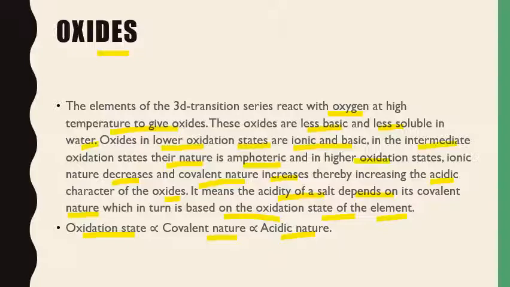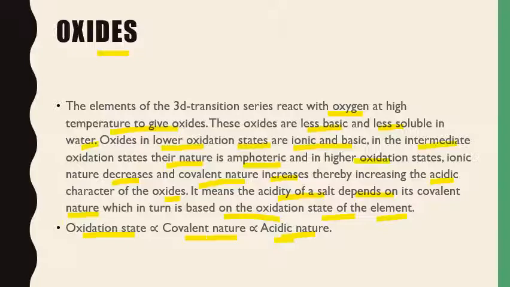In the first transition series, the oxide formation depends on the oxidation state. The higher the oxidation state, the higher the covalent character and the higher its acidic nature. And if we say the lower the oxidation state, the lower its covalent nature, that becomes ionic, and the lower its acidic nature, that is basic.